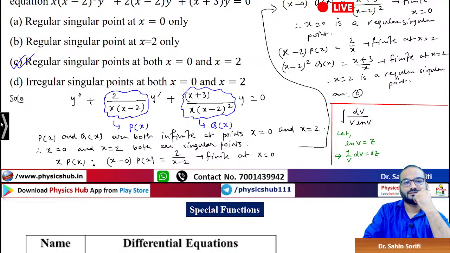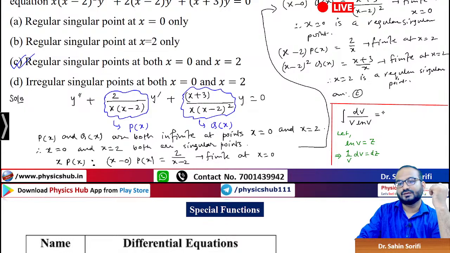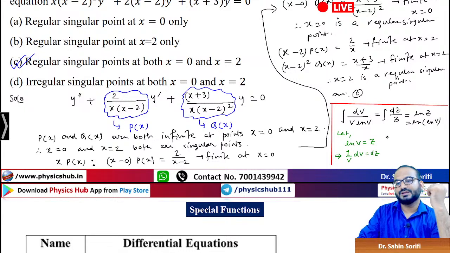So what you do for this case, you put 1 by v dv as dz, divided by ln v, which is z. So what you get is ln z, that is ln of ln v. This is the usual way you do it.